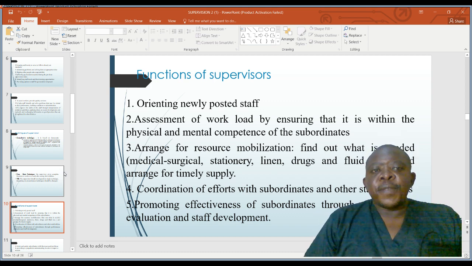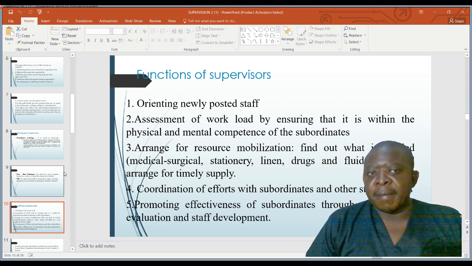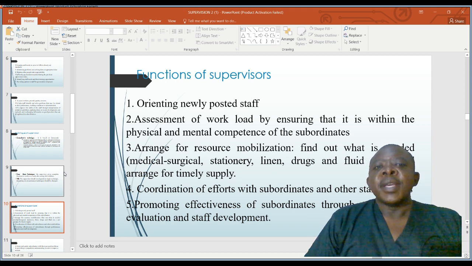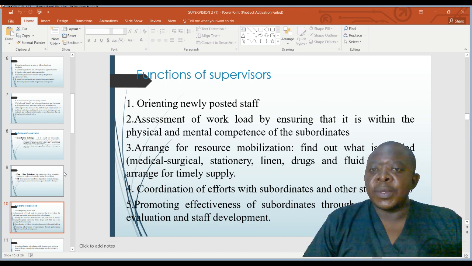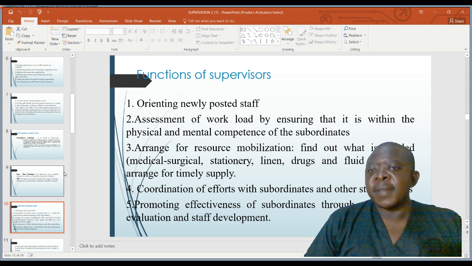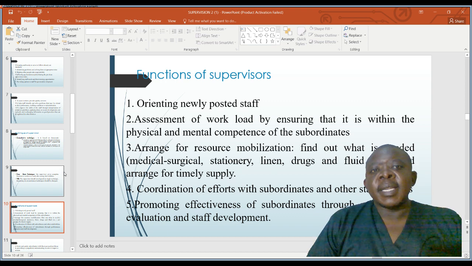The first function of supervisors is orienting newly posted staff. The second function of supervisors is the assessment of workload by ensuring that it is within the physical and mental competence of the subordinates. The third function of supervisors is to arrange for resource mobilization, find out what is needed, like medical, surgical, stationery, linen, and the likes, and arrange for timely supply.